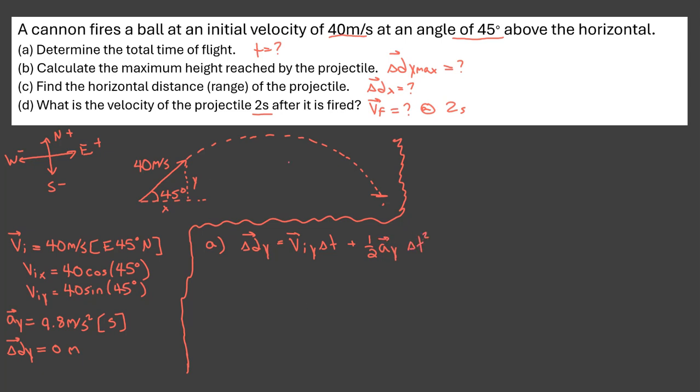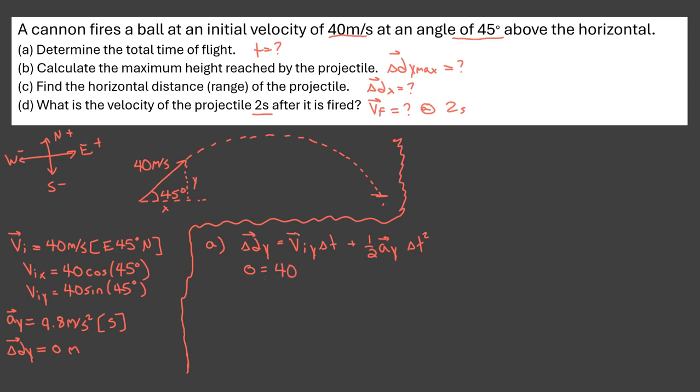So I'm utilizing one of my big 5 equations here, understanding that I have a displacement, I have an initial velocity, I have an acceleration, and I want to solve for the time. So I've got 3 of the 4 values, the 4th being the time, and I can plug in my known values to then solve for that missing value. So my displacement, 0, equals my initial velocity. I'm just going to plug it in like this for calculation purposes.